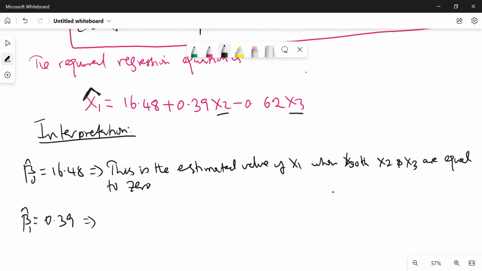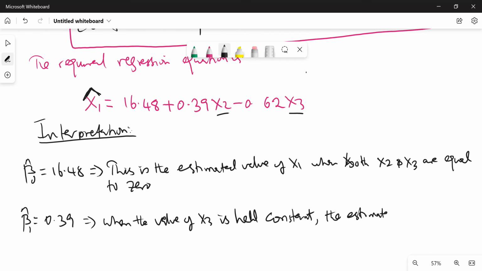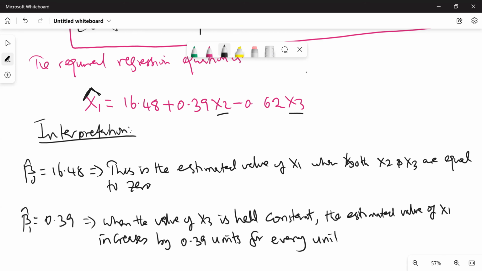This means that when the value of x3 is held constant, the estimated value of x1 increases by 0.39 units for every unit increase in the value of x2.